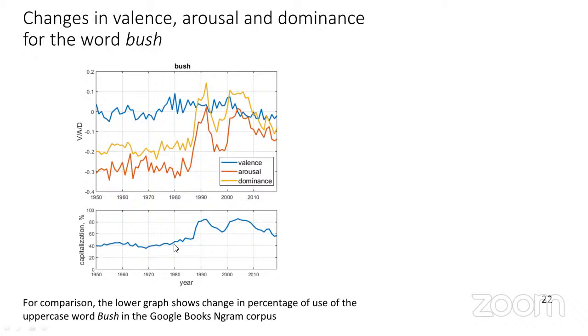And this is just confirmation of our hypothesis: the percentage of using the word bush with a capital B or a small b. There are two peaks in the percentage of using the uppercase word Bush, and these peaks are at the same time periods.